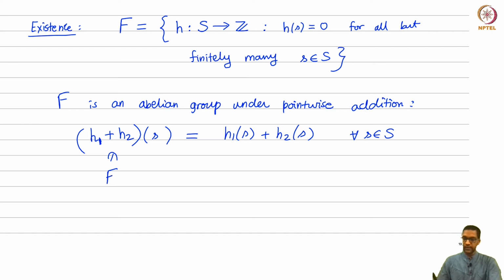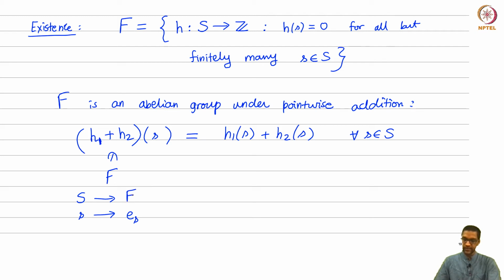Okay, now let's understand this abelian group a little bit more. So there are some special functions on this. Associated to each s, there exists a map.